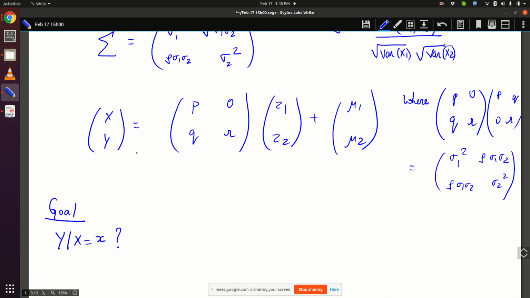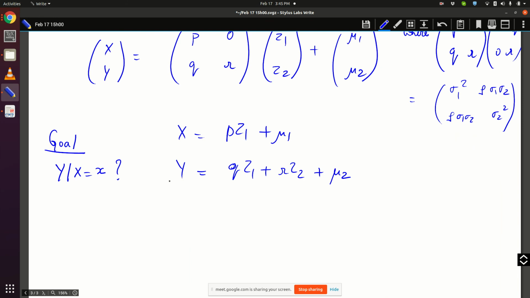What essentially we have is that x is equal to p z1 plus mu1, and y is equal to q z1, not rho z1, q z1 plus r z2 plus mu2. These are all the things that we have. Now when x is equal to some small x, what is the value of z1?